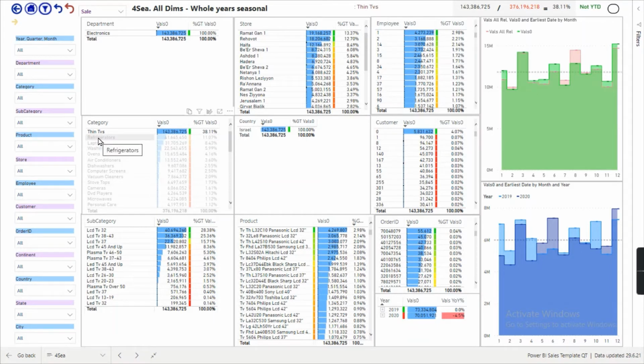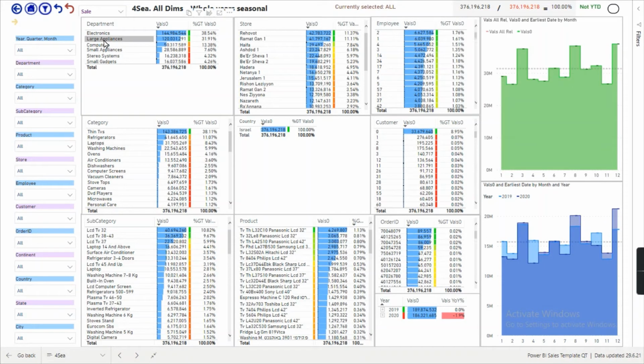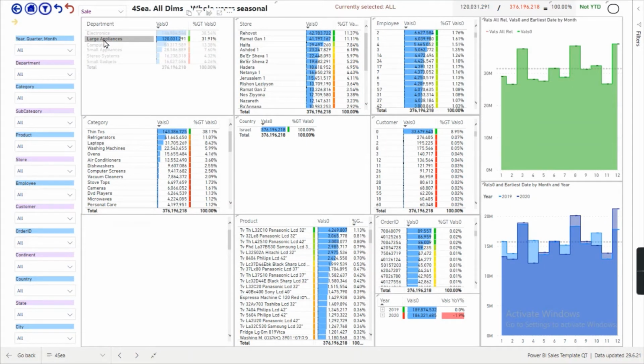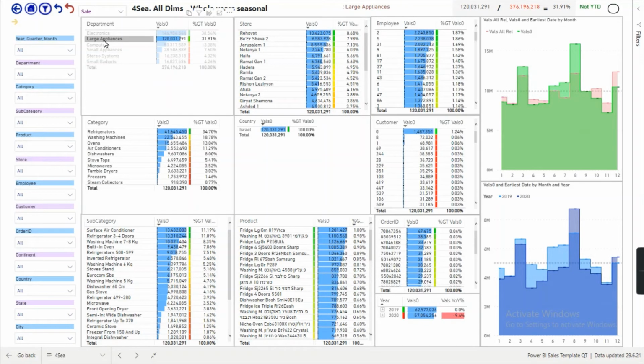If we look at refrigerator, let's look at the second department, large appliances, kitchen appliances, and we see month 3 people are buying for Passover a lot of kitchen appliances, and interestingly the real peak is on August.